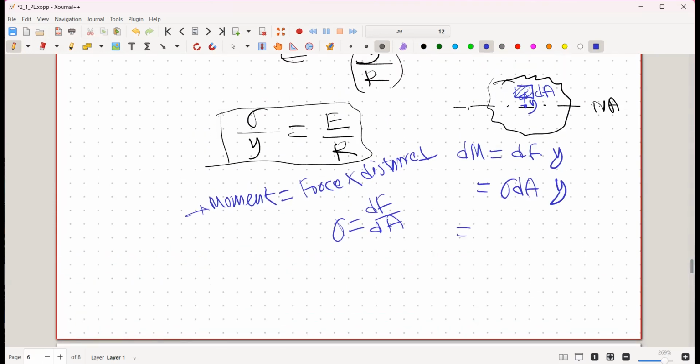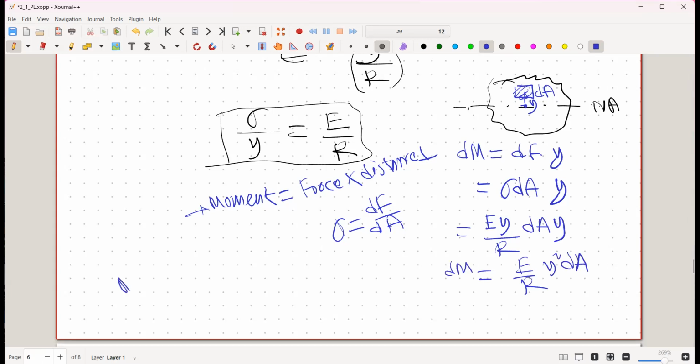If we put back the value of stress, sigma equals E y by r, it turns out to be E by r times y squared dA.